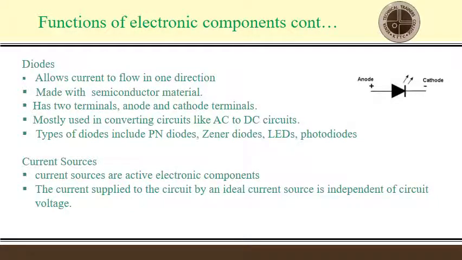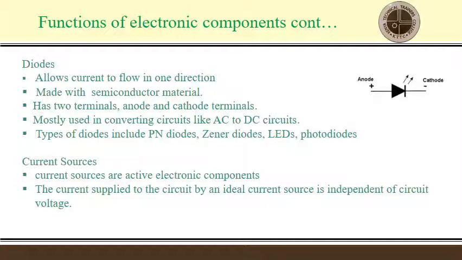The next component we are going to tackle is diodes. Diodes are also an active component of an electronic circuit. A diode allows current to flow in one direction, and it is made of semiconductor material. A diode usually has two terminals, the anode, which is the positive terminal, and the cathode, which is the negative terminal.